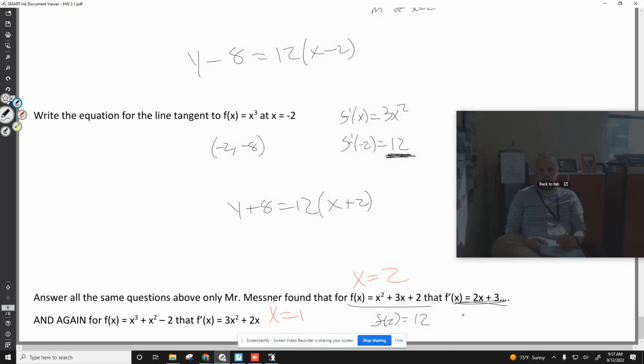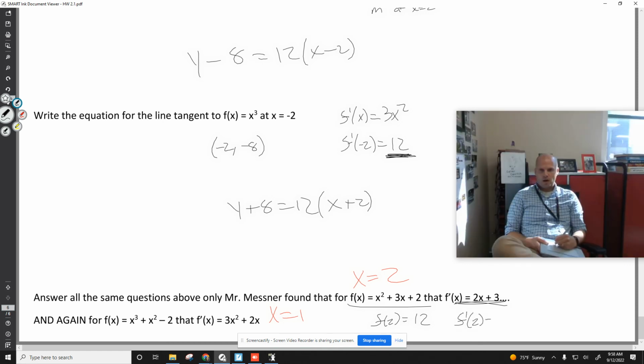If I plug 2 into f prime, I get 7. That's telling me that the y coordinate at 2 is 7. That means this is the tangent slope to this function at x equals 2.